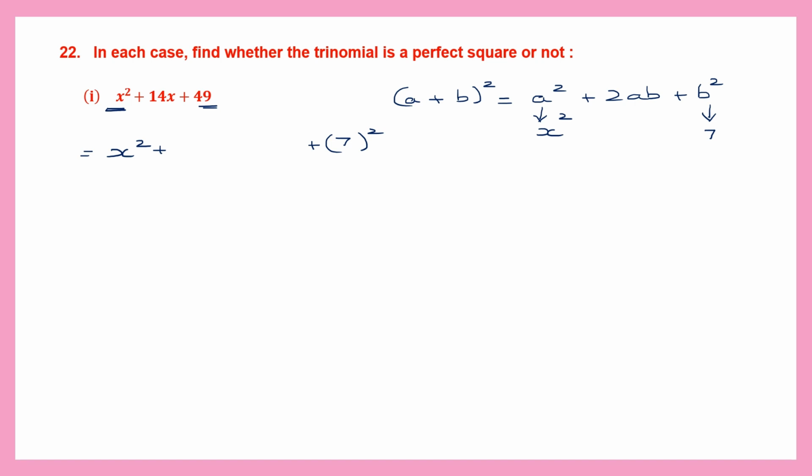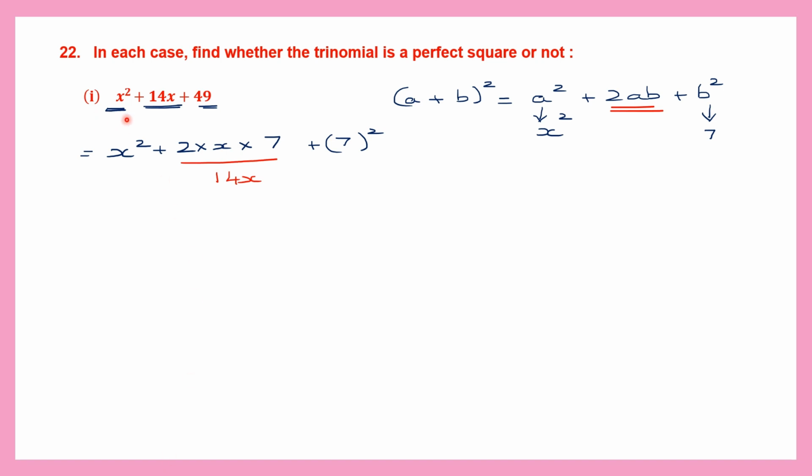Now let's find out whether we can get 14x when we say 2ab. Let's see whether we can get that. So 2 into a is x, into b is 7. Now let's multiply this and see. 2 7s are 14, 14x. Yes, we're getting it.